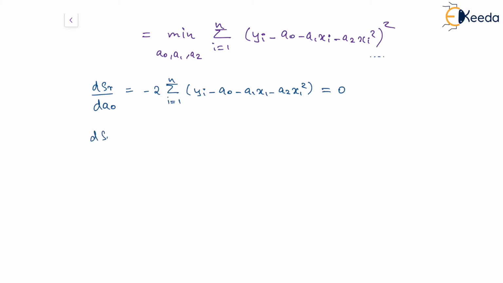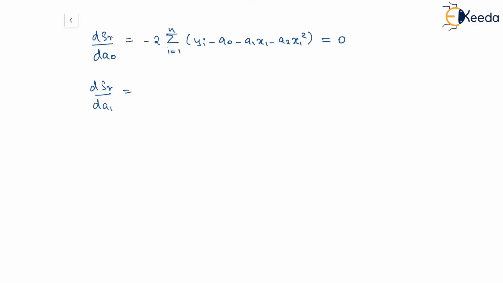Similarly, differentiating with respect to a1 and equating it to 0, we will have minus 2 times the summation from i equal to 1 to n of yi minus a0 minus a1 xi minus a2 xi square, times xi, equal to 0.